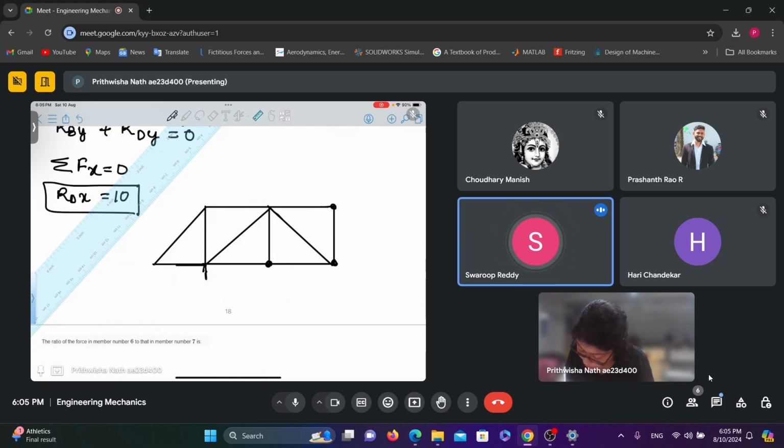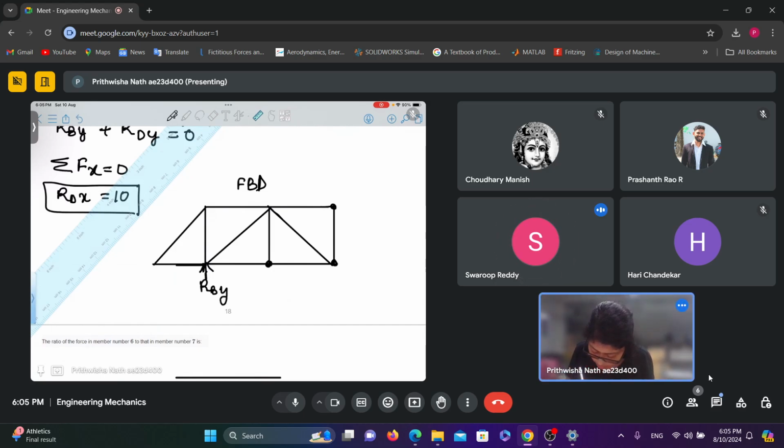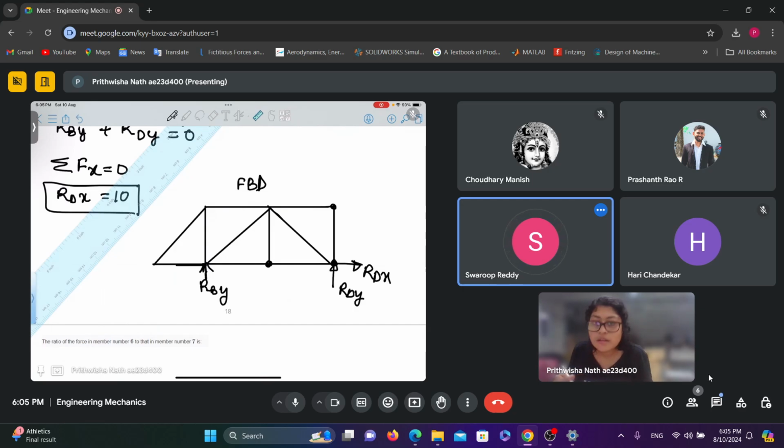So here if I remove the roller support, this is the free body diagram, right? Yes, ma'am. I need to remove the roller support. So this is the force, and here is a pin joint. So this is the free body diagram. I am not considering the internal force. I am considering the truss as a whole to compute the reaction forces. Is it clear to you?